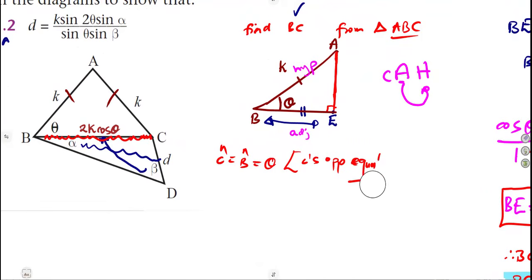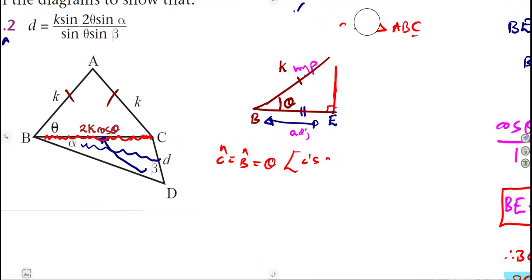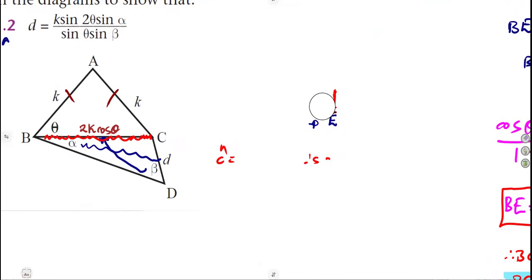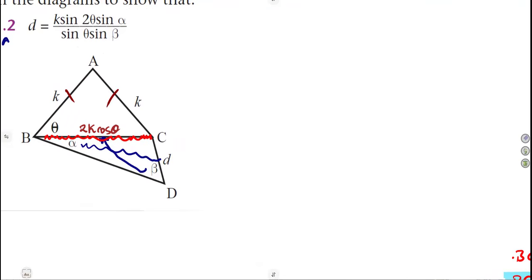So now we can use the given triangle BCD to find D and show that this is what we are going to have. So find D now, from triangle BCD, which is also a non-right angle triangle, guys.